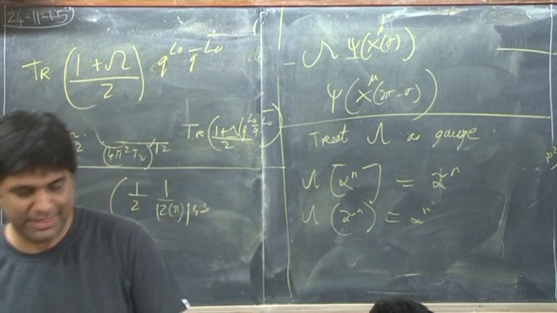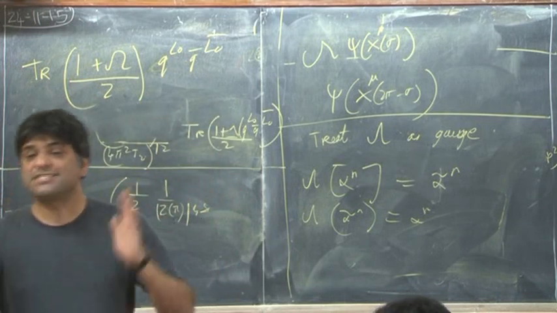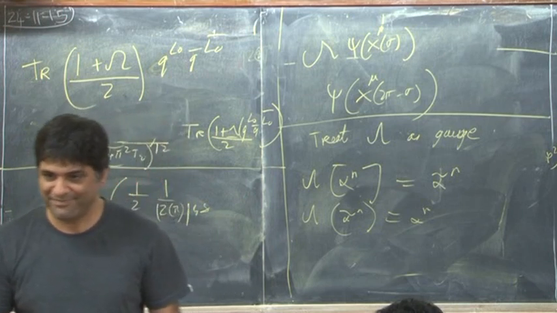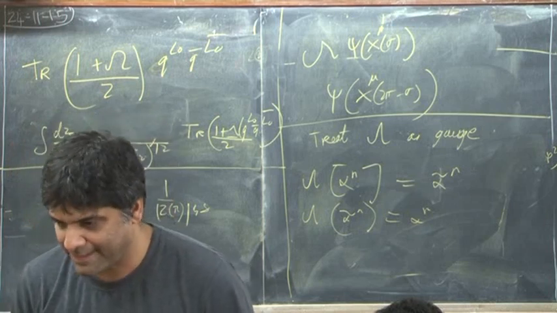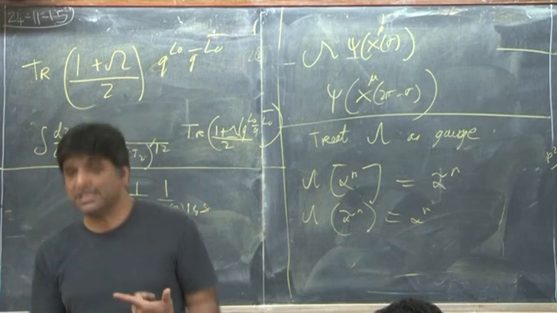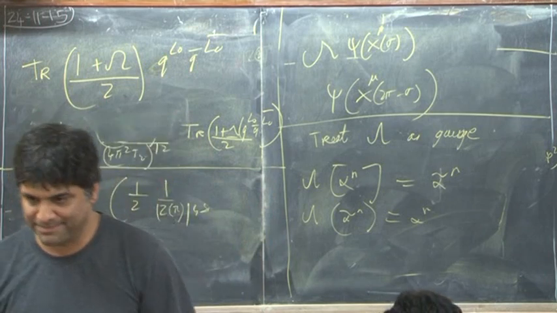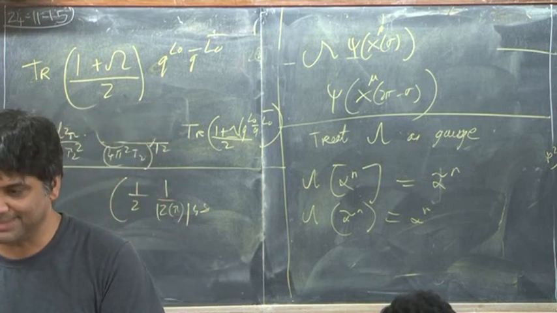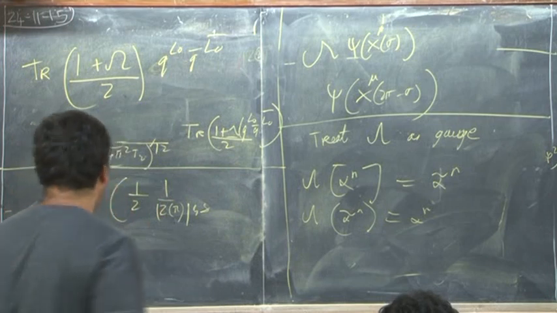What we're going to see in the end, just to see where this is going, is that unoriented strings, along with open strings, can make a consistent theory. But if the strings are unoriented, both the closed string sector as well as the open string sector will have to be unoriented. So I want to redo the calculation of the partition function just for the closed strings, and then we look at it again for the open strings.